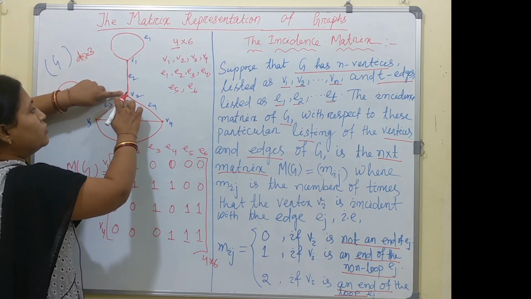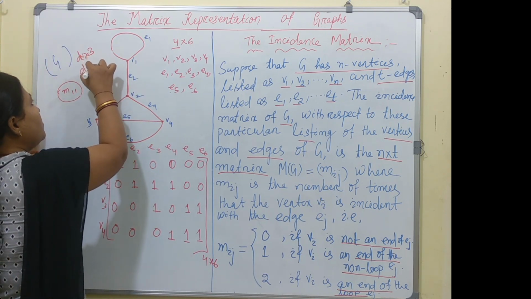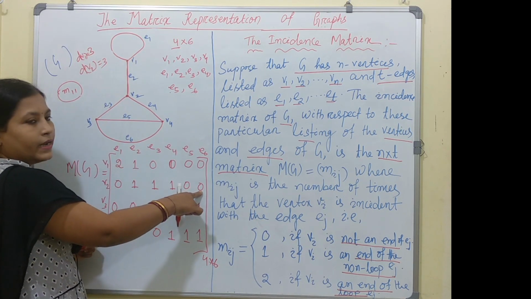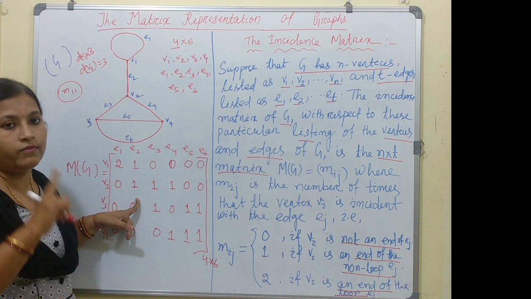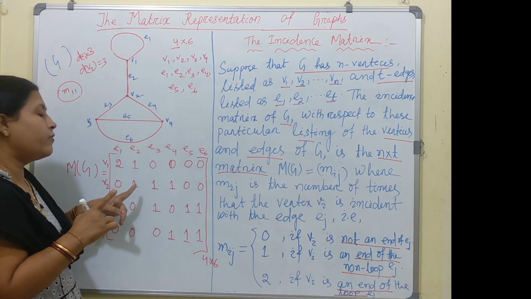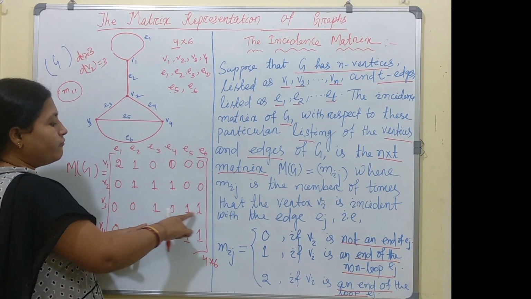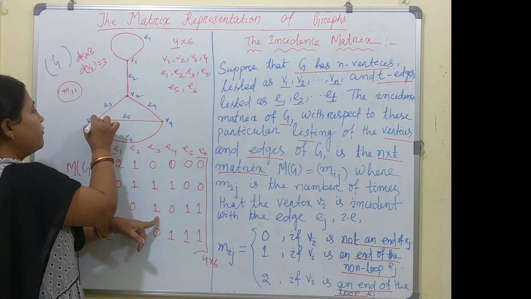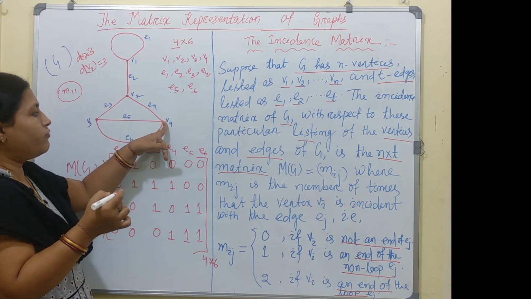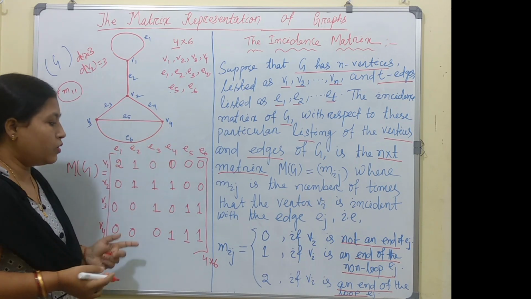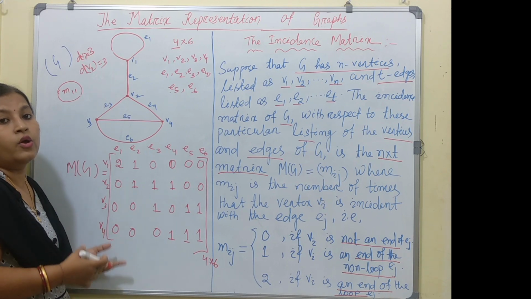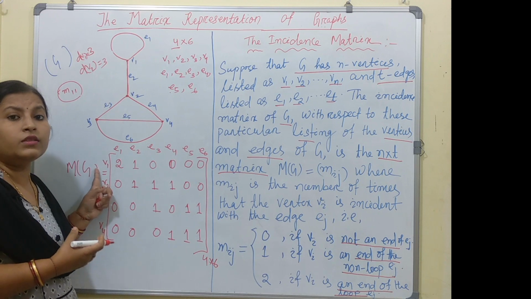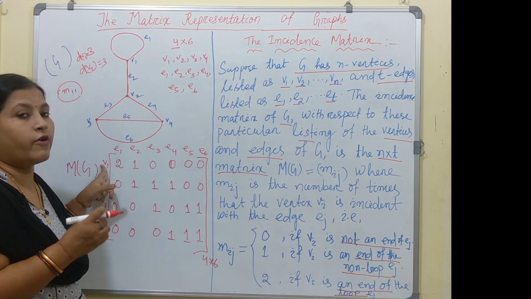See the vertex V2: the degree of V2 is 3, and when we add the second row, we get the degree of vertex V2. Next, when we add the V3 row, we get 3, so the degree of V3 is 3. The degree of V4 is also 3. So from this we conclude that when we add each row's elements, we get the degree of each vertex.